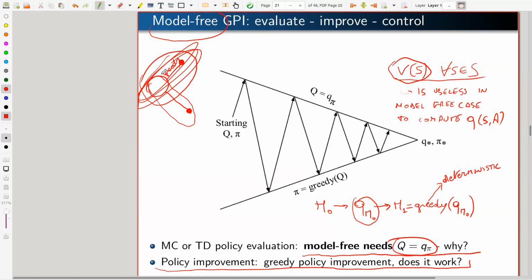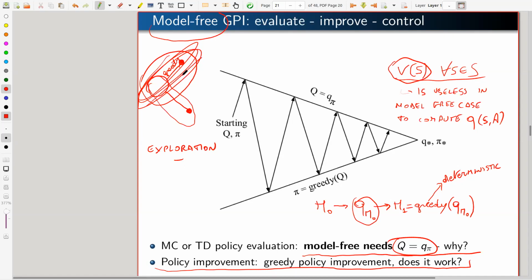This gives you a tension between the need of exploration, visiting all actions, so you want to explore every action, and the need of using the actions that are better.